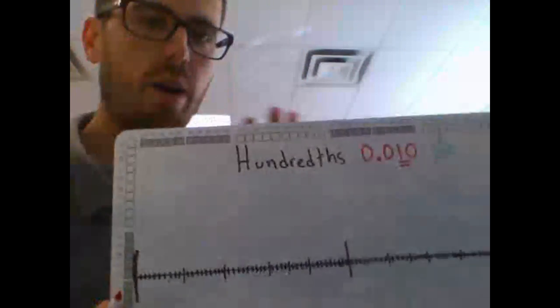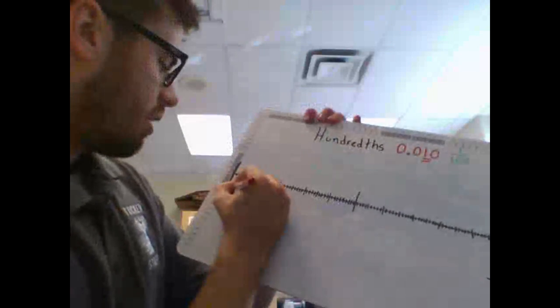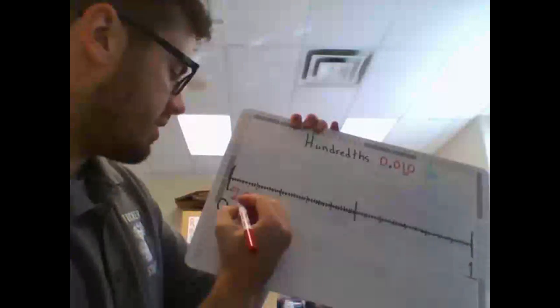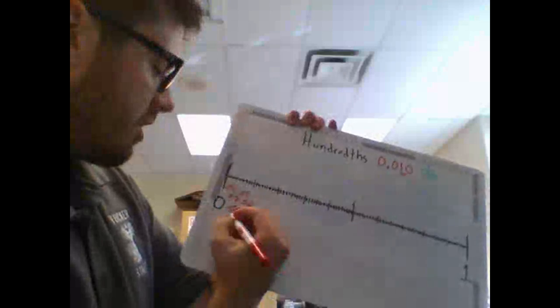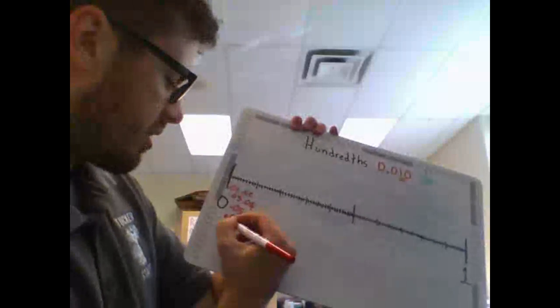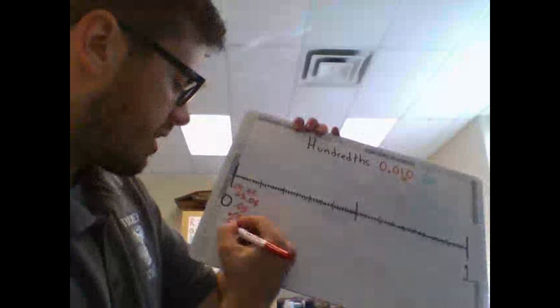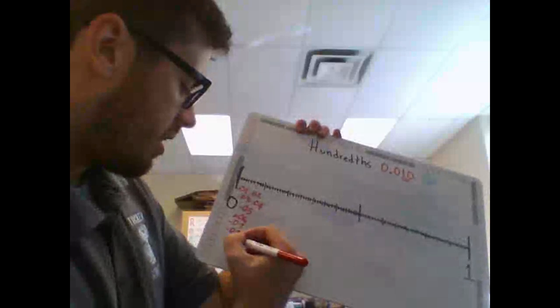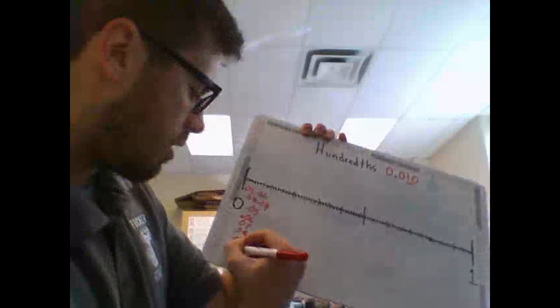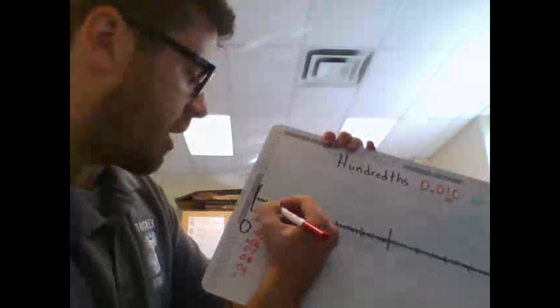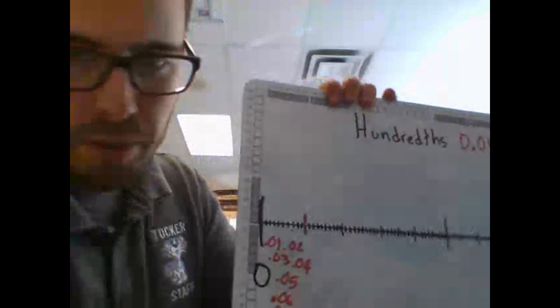All right, ready? Here we go. Okay, we've got 1/100th. We've got 2/100ths, 3/100ths. Gosh, I'm going to need more space. 4/100ths. We've got 5/100ths, 6/100ths, 7/100ths, 8/100ths, 9/100ths, and now I'm up to 10/100ths, or I'm only up to here on my number line.